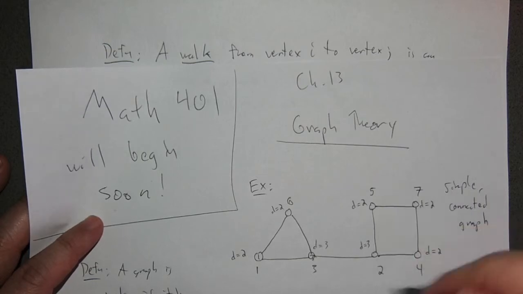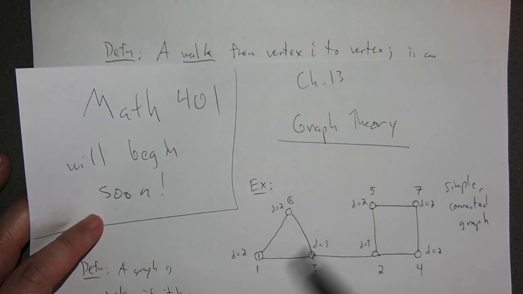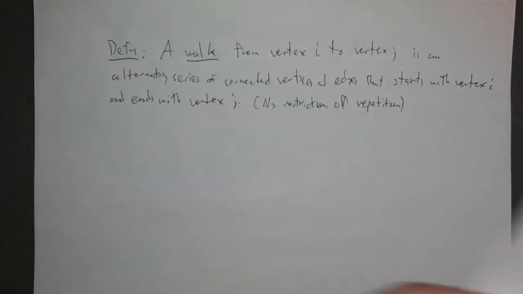That's one. Or I could have gone around over here as well. So the point is that there's absolutely no restriction on repeating edges. It's just that for a walk from vertex 1 to vertex 2, I start at 1 and I end at 2. Other than that, I'm not making any claims. So no restrictions on repetition at all.